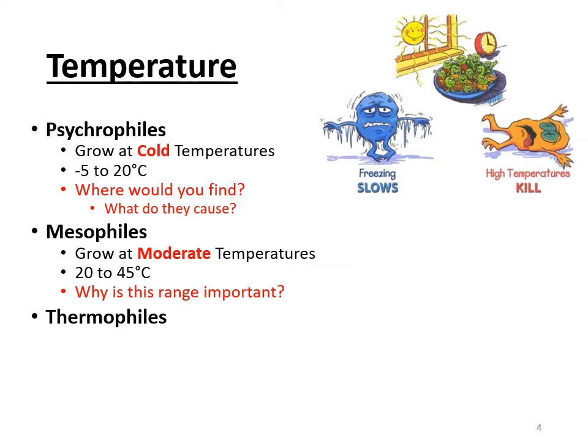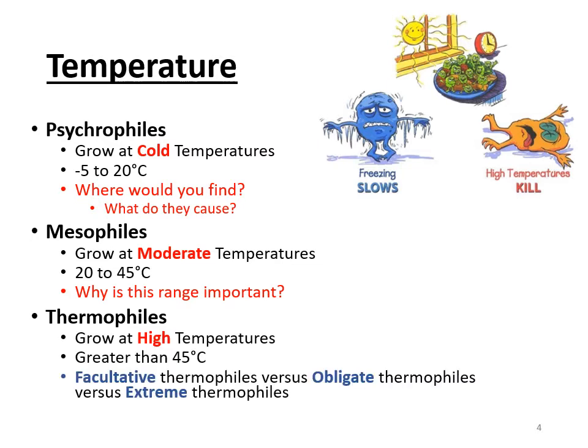The last category is thermophiles, and when you hear thermo, you think heat. So these guys like high temperatures, greater than 45 degrees Celsius. And anytime you categorize a thermophile, I do not want you to use just the word thermophile. You have to be specific. You have to say, is it facultative? Is it obligate? Or is it extreme?